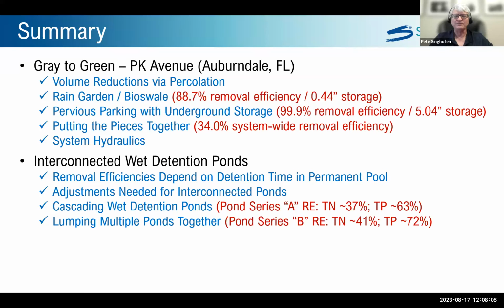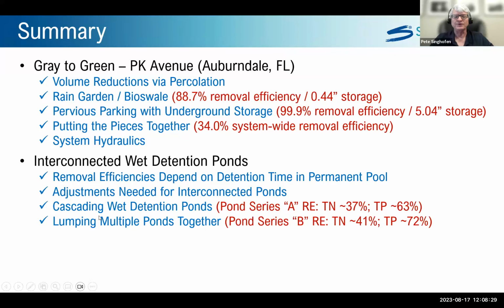And then I showed you some interconnected wet detention ponds. The removal efficiencies for a wet pond depend on the detention time in the permanent pool. And when you have interconnected ponds, you have to make some adjustments for that.